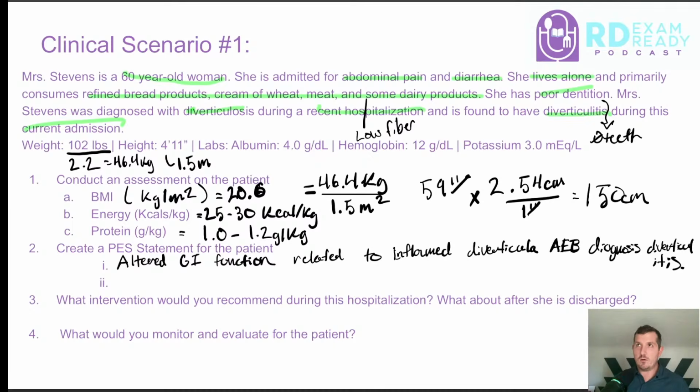Inadequate intake, we would have to have some good evidence that she has inadequate intake. And let me ask you all, do we have enough evidence to say that she has inadequate intake of calories? Yes or no? To me, no. I don't have how much calories she's eating in a day. So how can I say that she has inadequate energy intake?